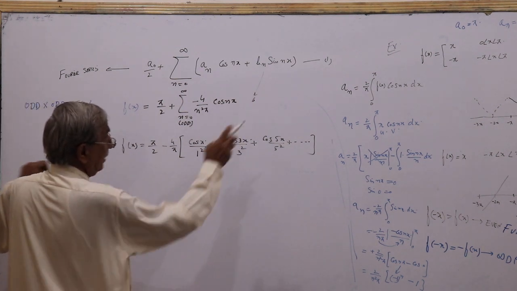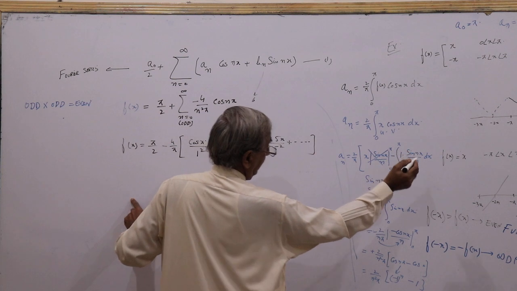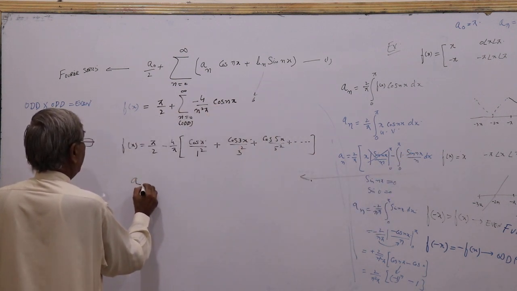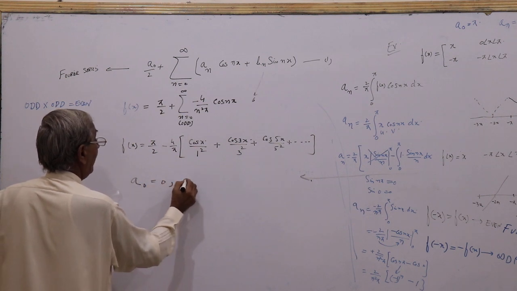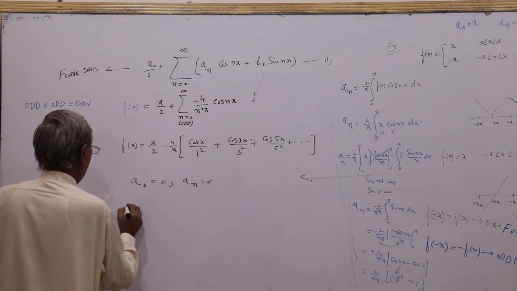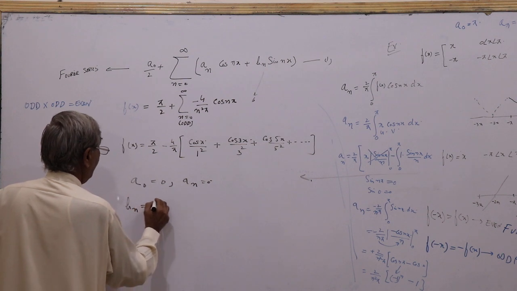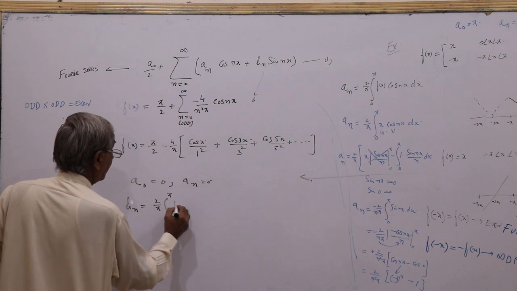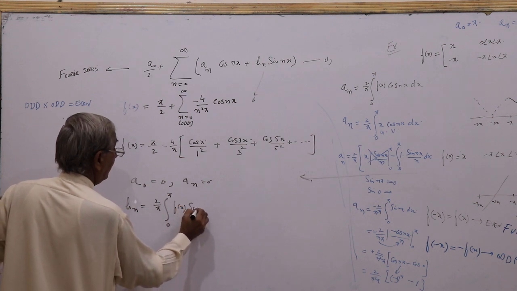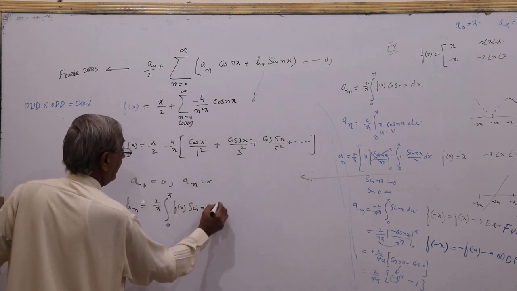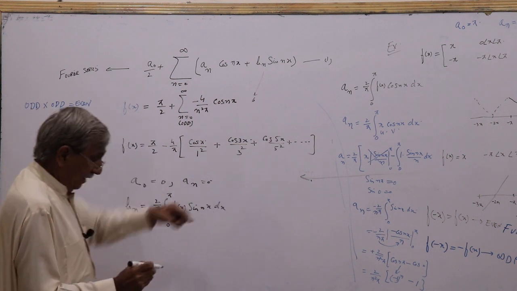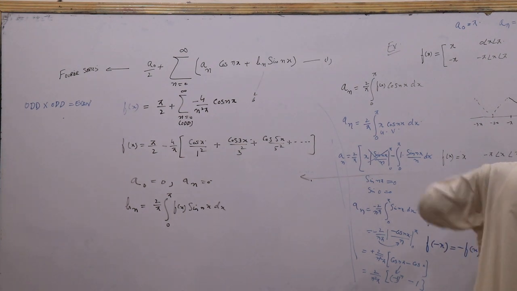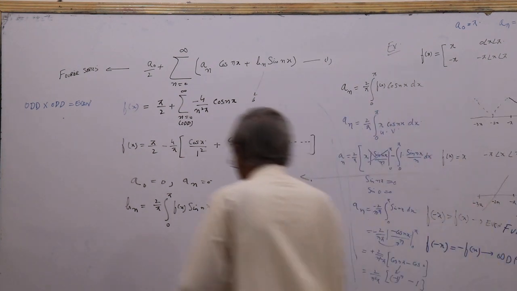So for the second example, a naught is equal to 0, an is equal to 0, and bn is equal to 2 over pi, integral 0 to pi, fx sine nx dx. I have erased that earlier, but you can roll the film back and you will get that.